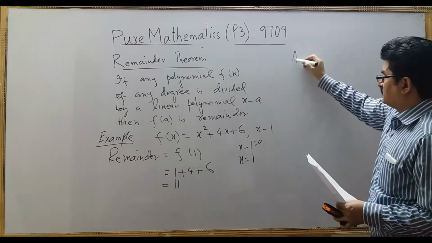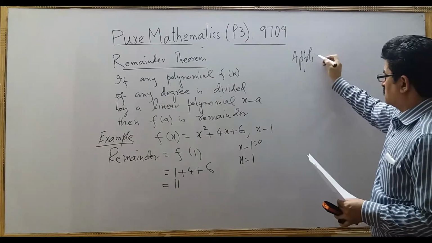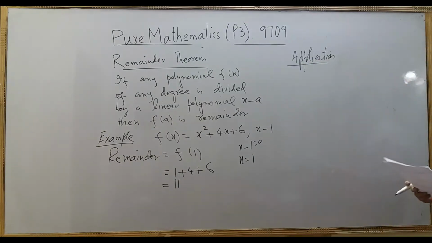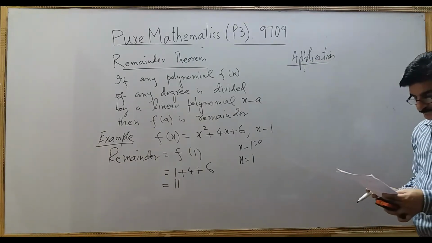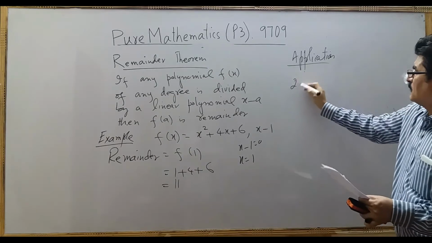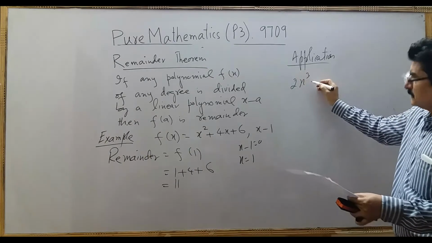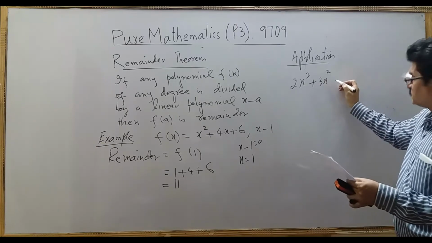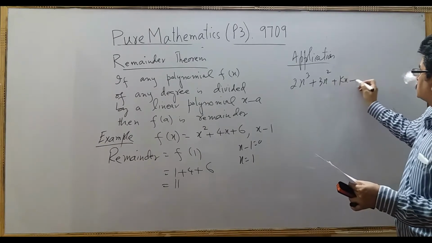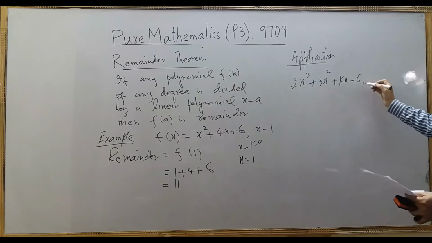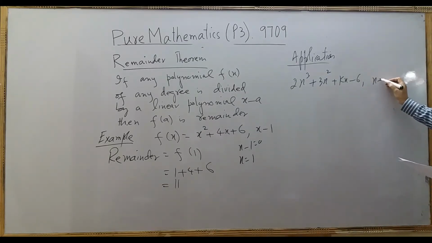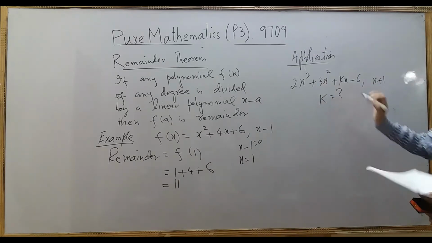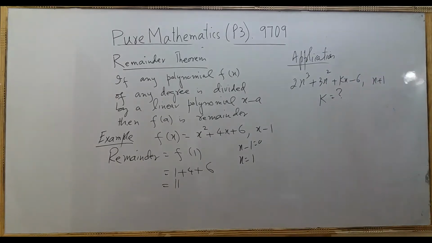One application of this remainder theorem is this. A polynomial 2x cube plus 3x square plus kx minus 6 is divided by x plus 1. Find the value of k. Now we apply the remainder theorem.